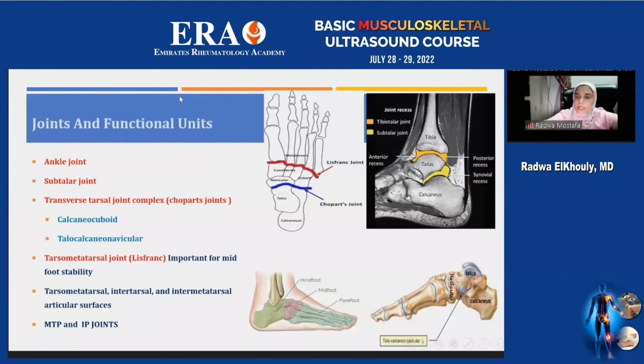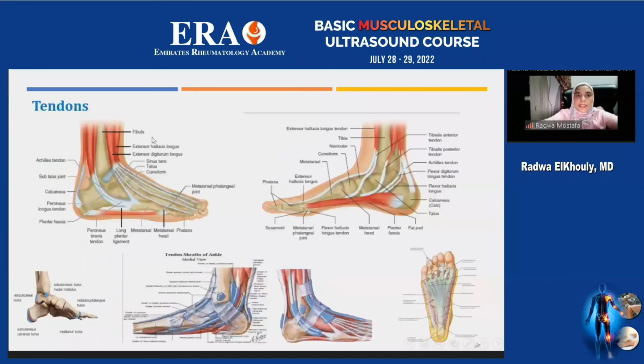Okay, going to the tendons. It's the same as we scan in the ankle, going to the dorsal aspect. Here from medial to lateral, we have tibialis anterior, extensor hallucis, and extensor digitorum.